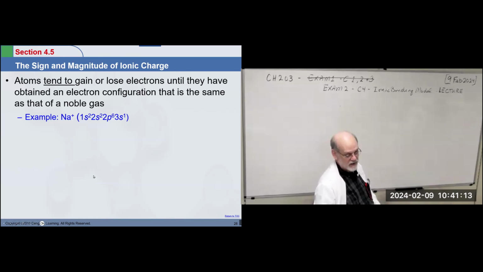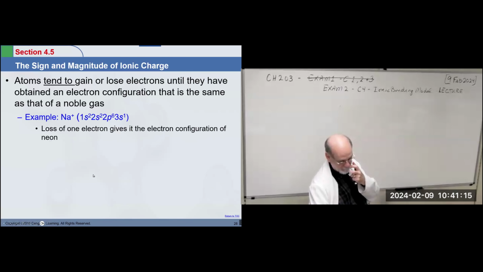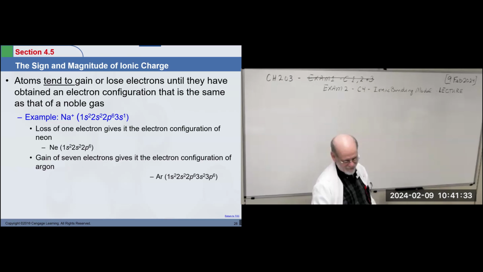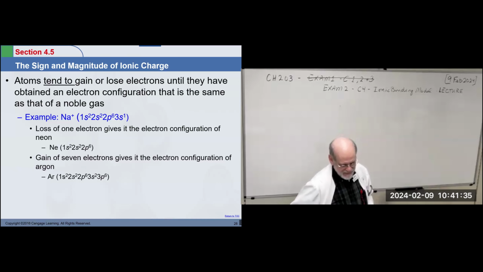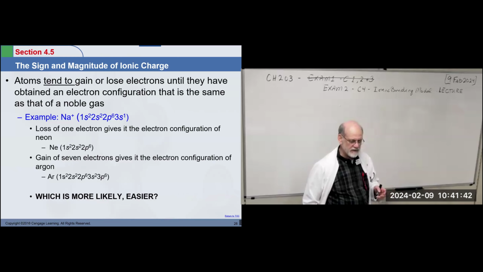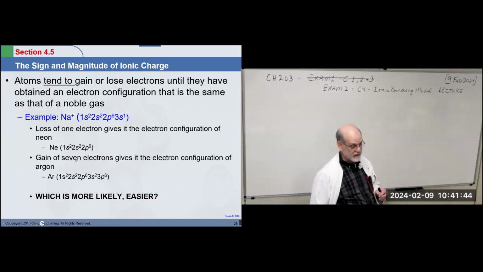Now it looks like neon. All right. So its complete octet was always there, but now that it's lost its 3s valence electron, it has the 2s2p octet. Okay. It's much, much easier and more energy efficient for sodium to lose an electron than it is to gain 7 electrons to make an octet.